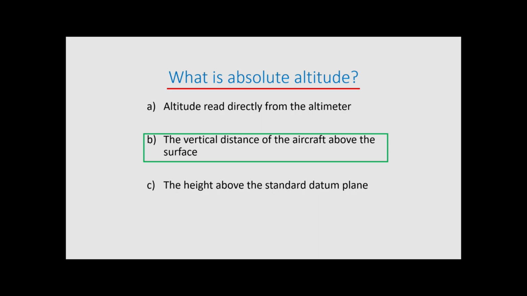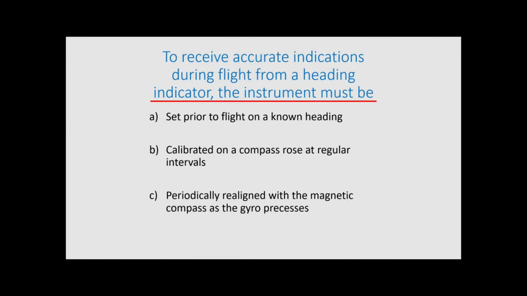The vertical distance of the aircraft above the surface. To receive accurate indications during flight from a heading indicator, the instrument must be periodically realigned with the magnetic compass as the gyro precesses.